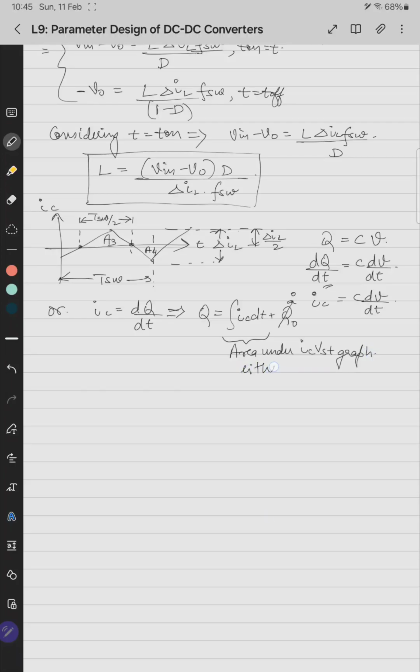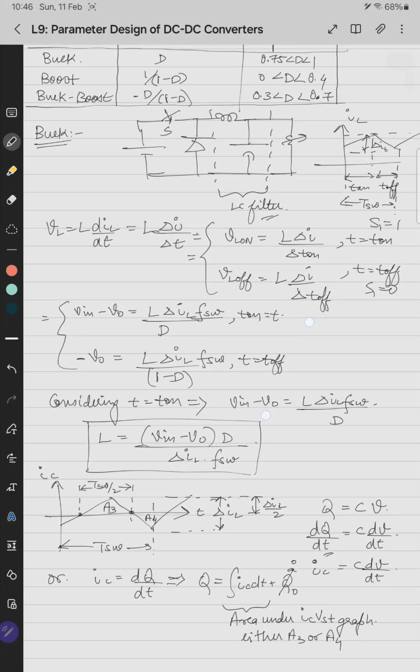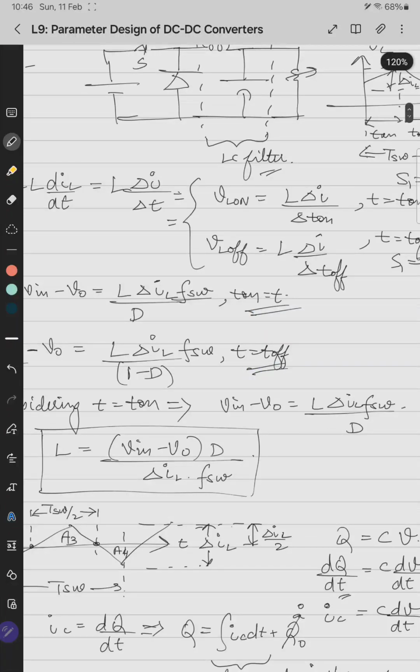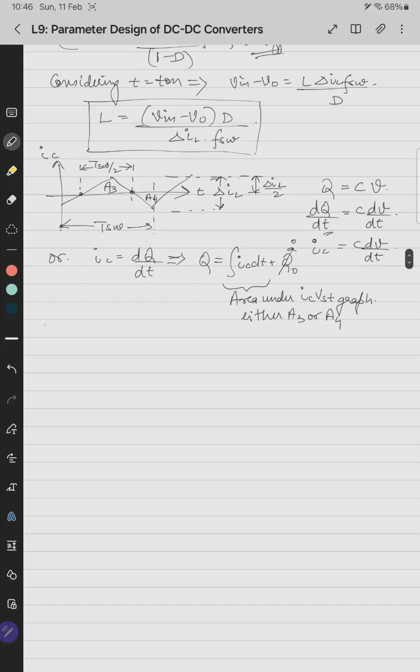So it is either A3 or A4, because A3 equals A4. So we have considered either of the areas. Similarly for volt-second balance, we considered one of the two equations, where T is T on or T is T off. Similarly for the capacitor, you have to take any one relation. So Q equals A3 or A4. If you write here, area of a triangle is half into base, that is T switching by 2.